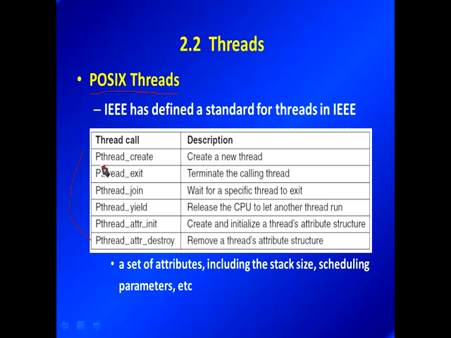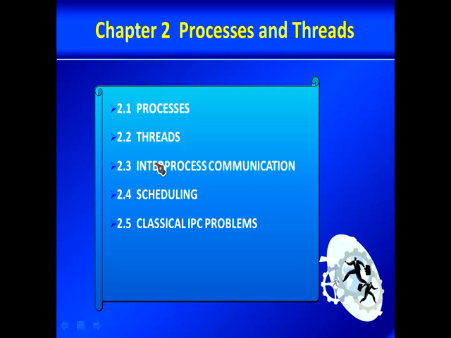You can see we have this call to create a thread, just like we need to use fork to create a process. Anyway, if you're interested in this part, you can check the relevant information after the class.